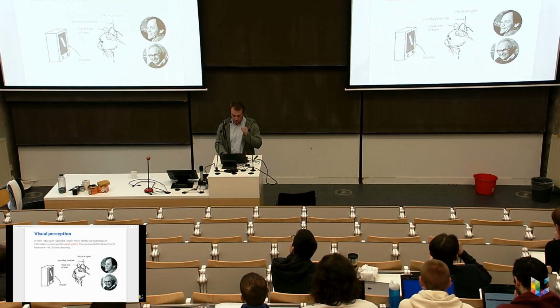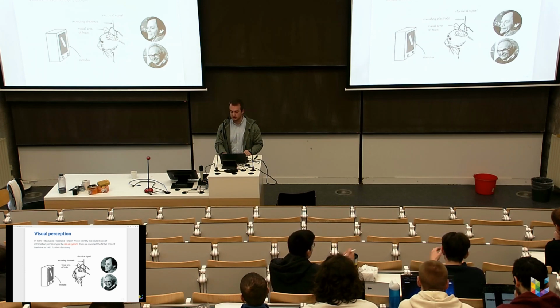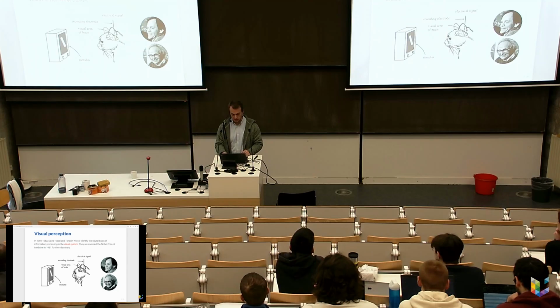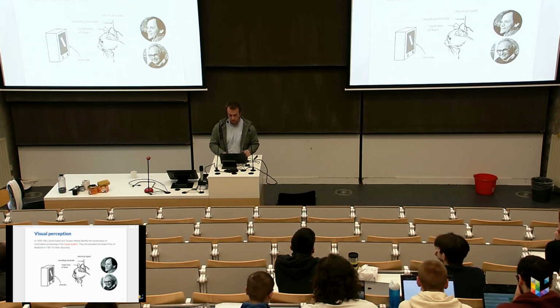And they were awarded the Nobel Prize of Medicine a few decades later for that discovery. And so I want to spend a few minutes on that because what we'll see in terms of neural networks will be quite strongly inspired by what we know from the visual perception system in humans and animals.